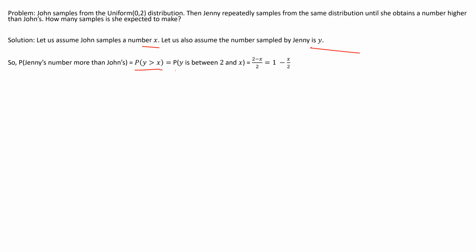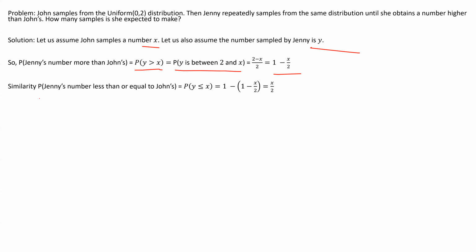Since y is from the same uniform 0 to 2 distribution, that is the probability that y is between x and 2. If you calculate this, it becomes (2 minus x) by 2, which is 1 minus x by 2. So if John chooses the number x, the probability that Jenny's number is larger than John's is 1 minus x by 2.